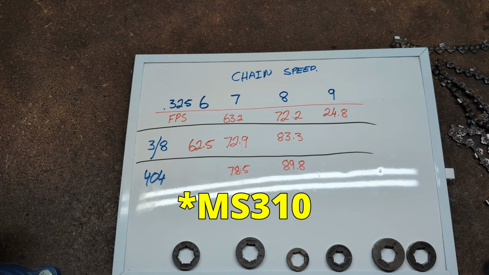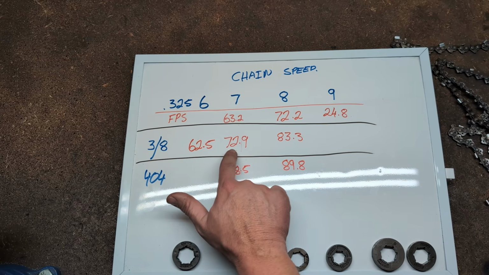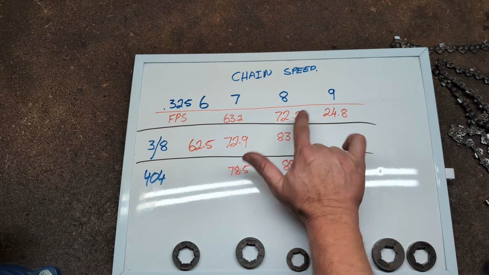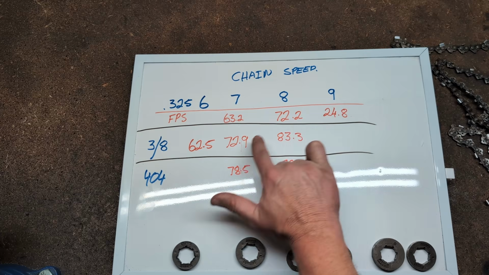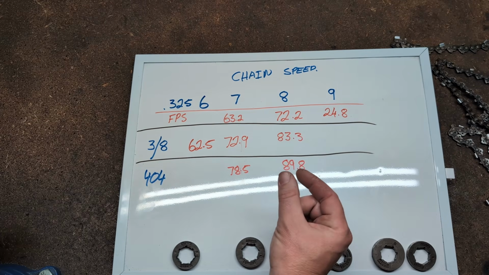You can see as you move through them, you can adjust things. So a lot of saws, say I have an MS110, generally they come with a 3/8 setup. So you'd be running a 3/8 7.2 sprocket at about 72.9 feet per second. I actually prefer the feel and the use of that saw running 325. So I generally run a 325 8 tooth. The reason I've increased from the 7 to the 8 is because I've reduced that gearing.